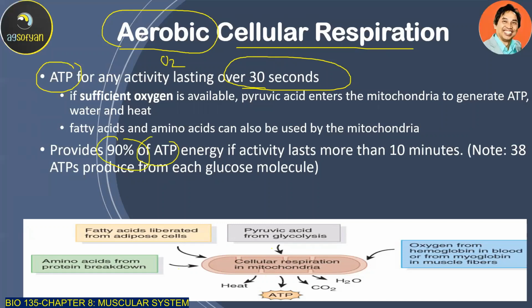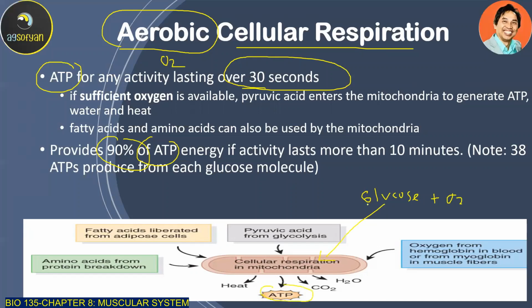And again, this is how it's happening. The main molecule used for making ATP is glucose, plus oxygen. Then it goes to the mitochondria and produces ATP.